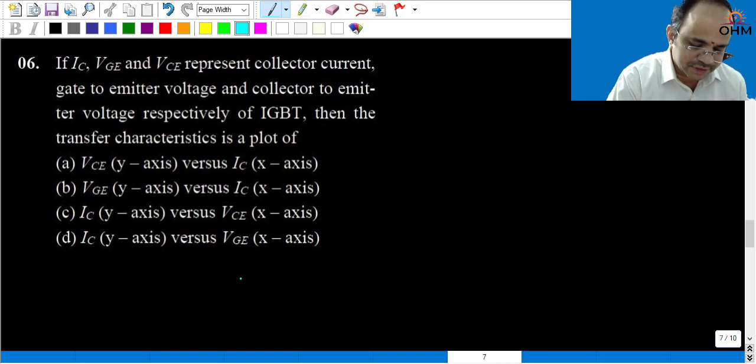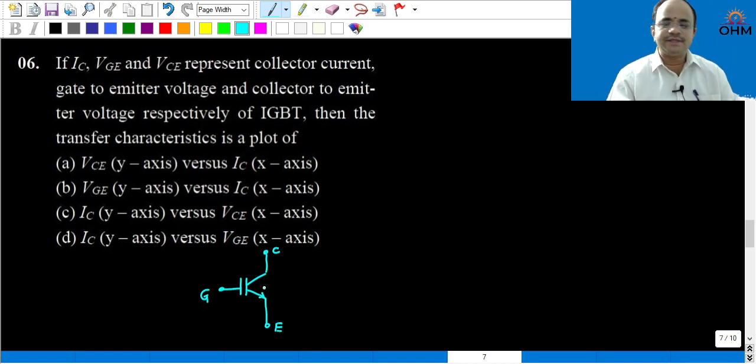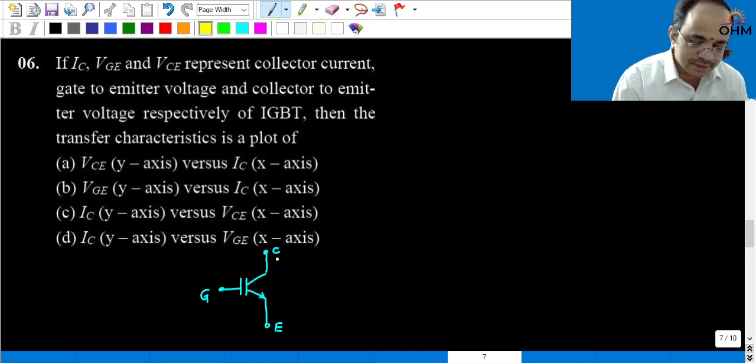Now if you are able to draw the IGBT switch symbol, then you can answer this question. So this is the collector, emitter and gate terminals. This is the IGBT symbol. The output is the current flowing through the switch, and the control voltage is VGE.